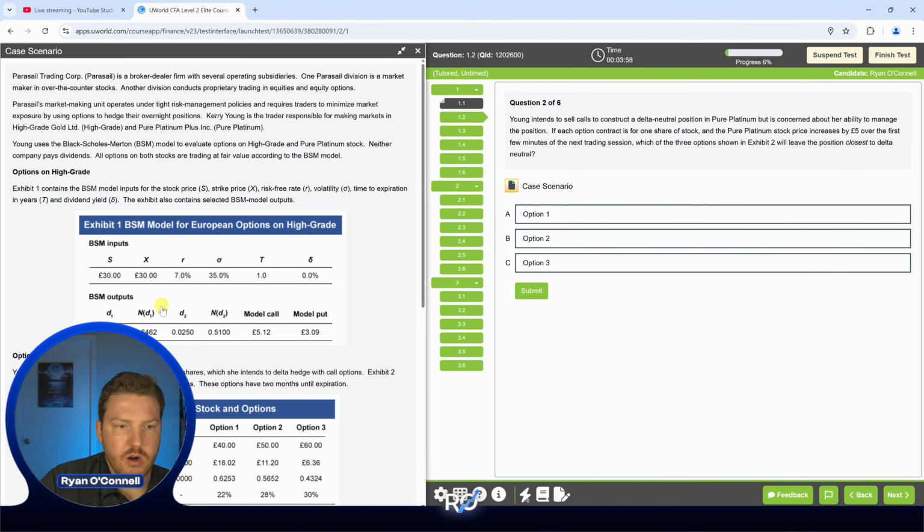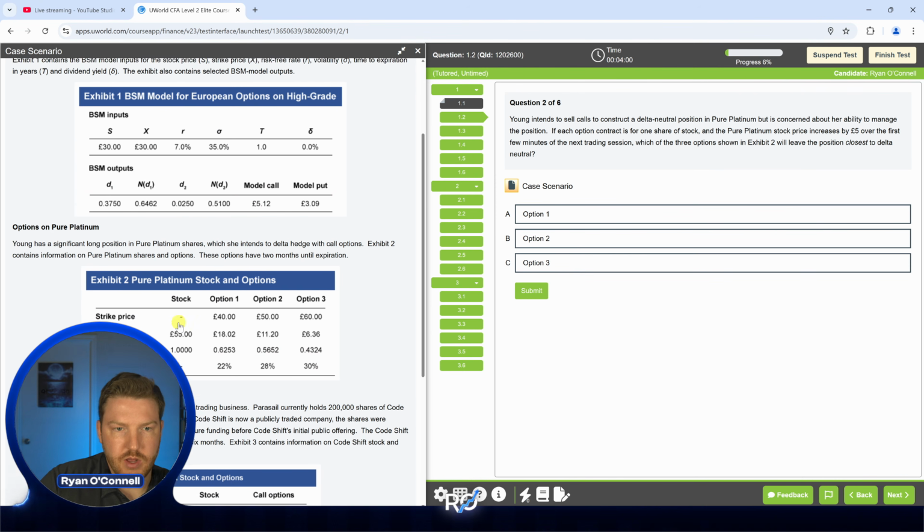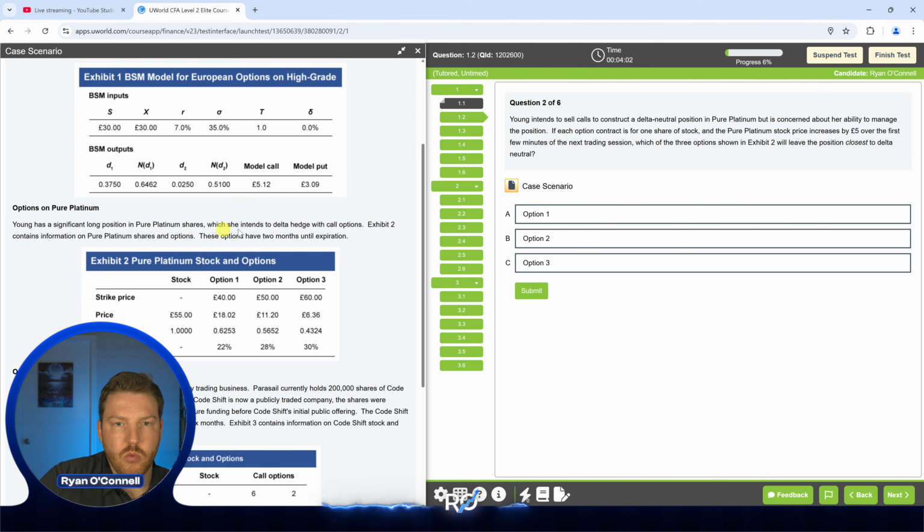So this is where we're going to look at Exhibit 2 down here. There are three options. One has a strike of 40, one 50, and one 60. The current price of the underlying stock is $55, and they all have these delta values and implied volatilities.